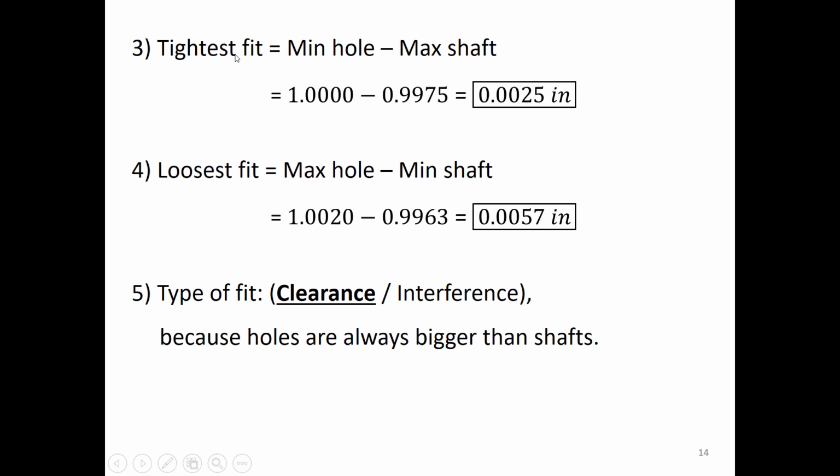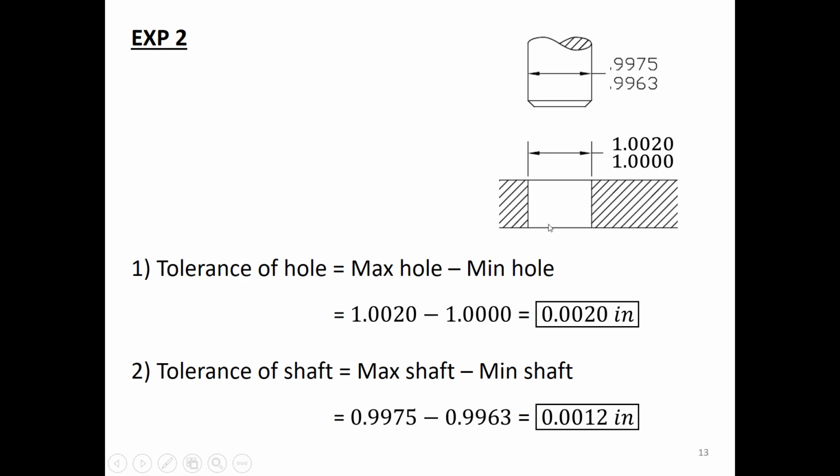And the next one is asking for the tightest and the loosest fit. When you have the tightest fit, you're going to have the smallest hole and the maximum shaft. Tightest fit means the distance in between is the smallest, so you're inserting the shaft into the hole.